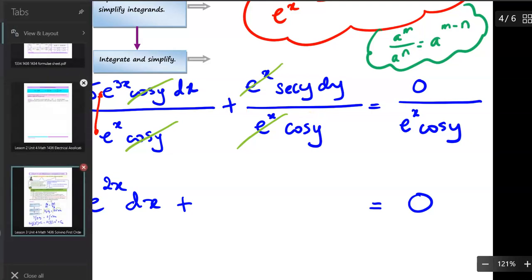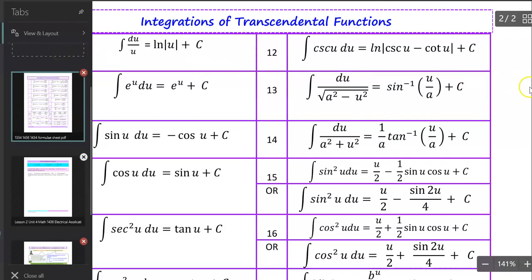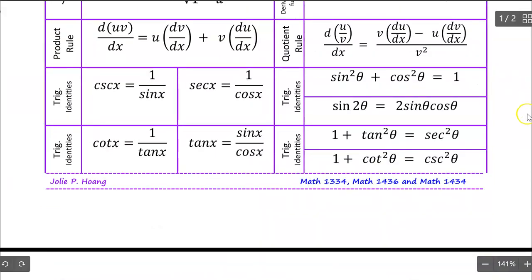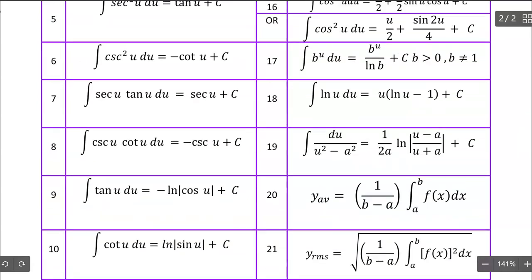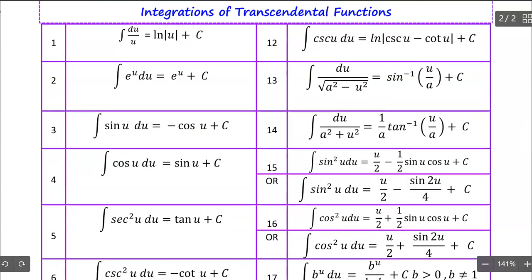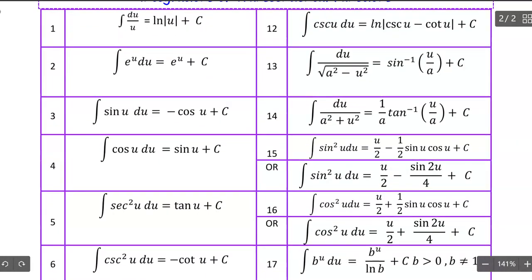So let's go to our formula sheet, and then we can see which one we can use, okay? Like I mentioned earlier, see this formula we used earlier, du divided by u will give us ln u. The derivative of e to the exponent u will be the exact same thing again, and we know that we are going to apply these formulas.